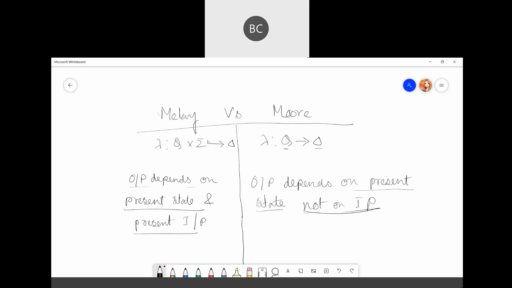But in case of Mealy machine, it is depending on both present state and the present input. That's the difference, I guess it's asked in almost all competitive exams. Difference between Mealy and Moore machine. Always remember that Moore machine only depends on the present state, and Mealy machine depends on both present state and the present input.